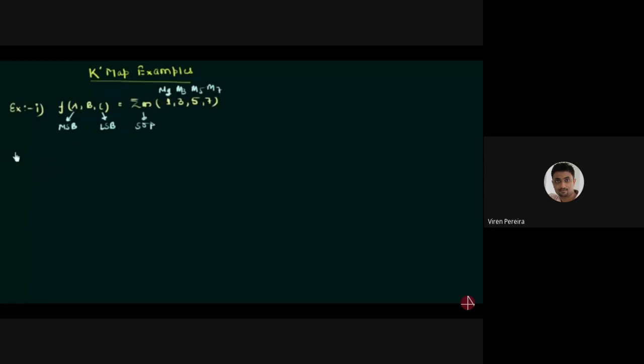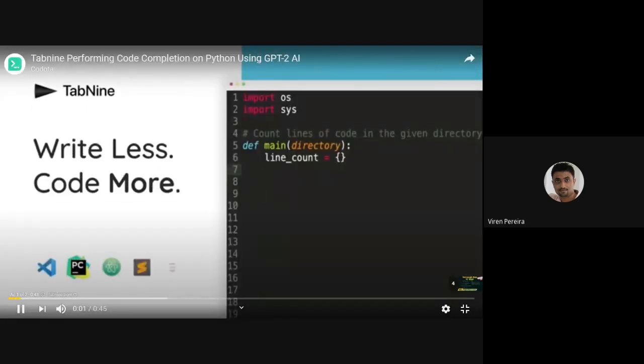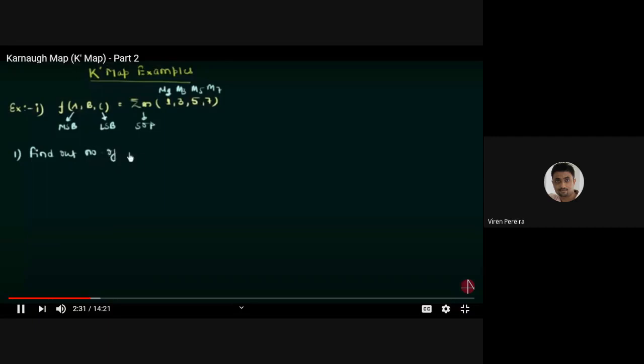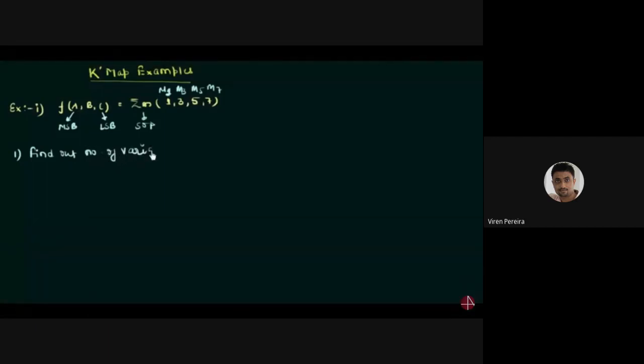The first thing that you have to do is to find out the number of variables.